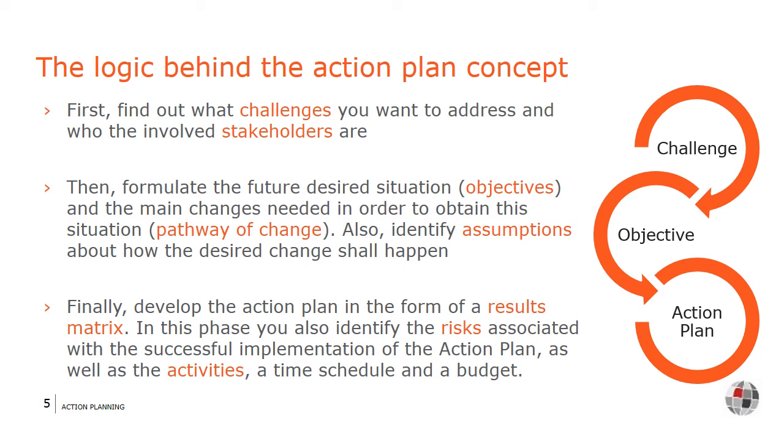You will also normally formulate indicators or success criteria that can determine to what degree you have achieved the results. In the example, the annual number of road accidents might be a good indicator of success. Finally, you can specify the detailed activities and make a time schedule and a budget.